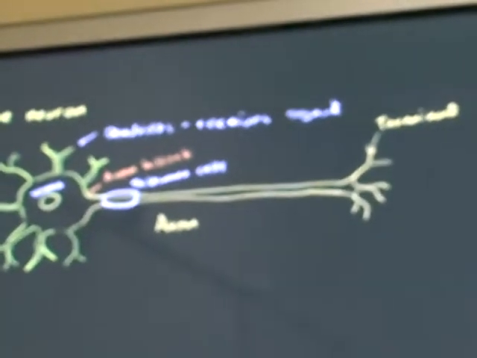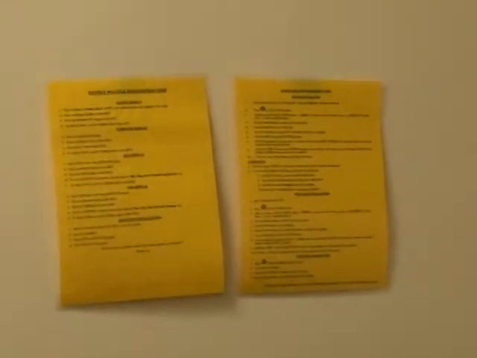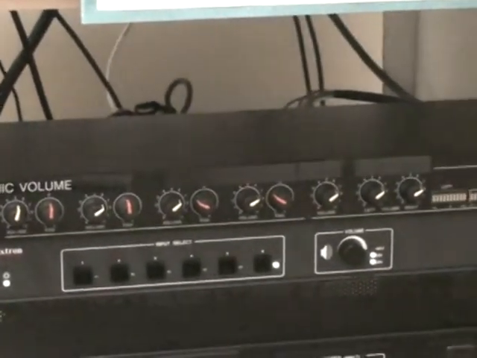So these are called Schwann cells. And they make up the myelin sheath. So this covering, this insulation at different intervals around the axon, this is called the myelin sheath. So Schwann cells make up the myelin sheath. I'll do one more just like that. So I'll say Schwann cells or myelin sheath.